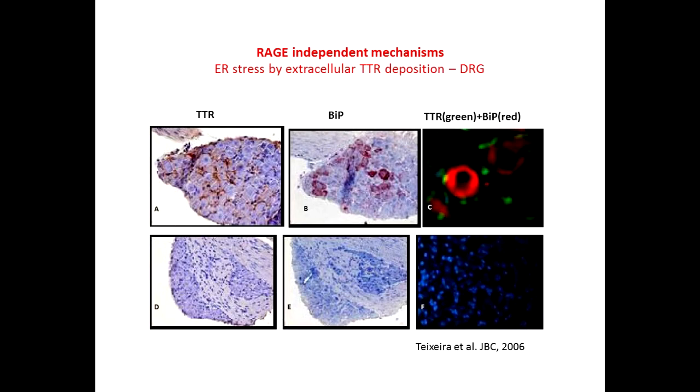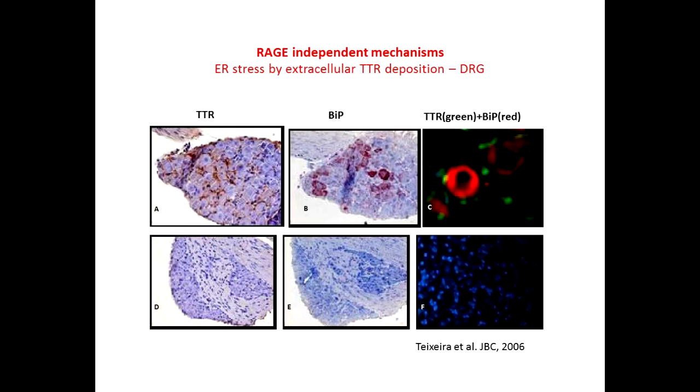You have here stainings, searching for other toxic mechanisms. One way of cell death is through ER stress, and so we stain for the master switch of ER stress, which is this molecule called BIP.